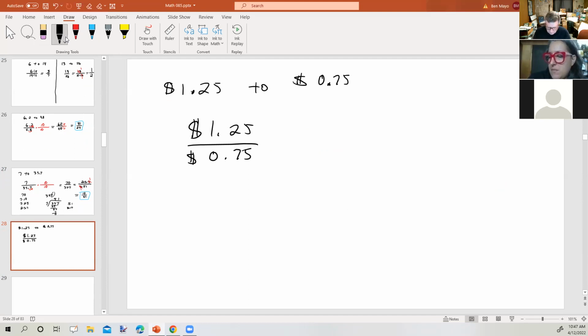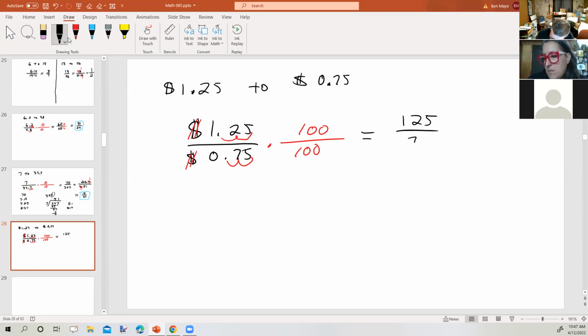Now, I can cross out the common units of dollars on the top and the bottom. So I've got 1.25 over 0.75. I'm going to multiply by 100 over 100. That will move the decimal point 2 places on the bottom and 2 places on the top. So I get 125 over 75.